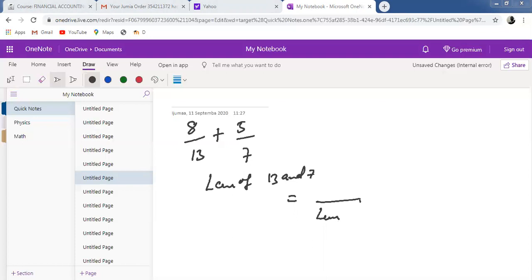Let us get that, where we have 13 times 7, which comes to 91. So the LCM here will be equal to 91.